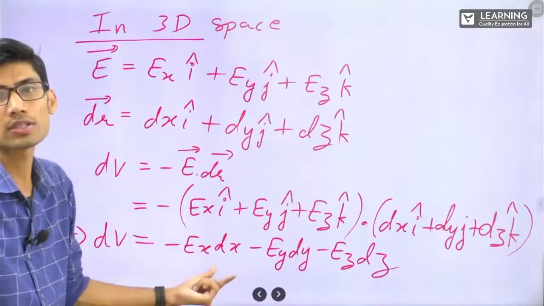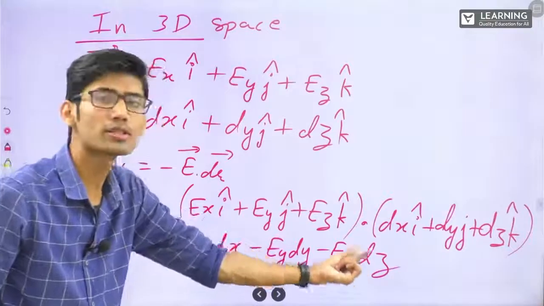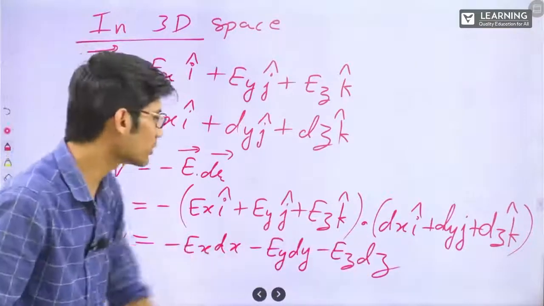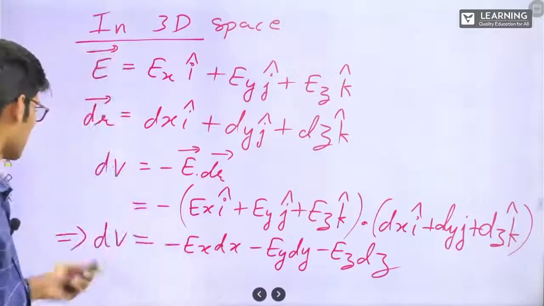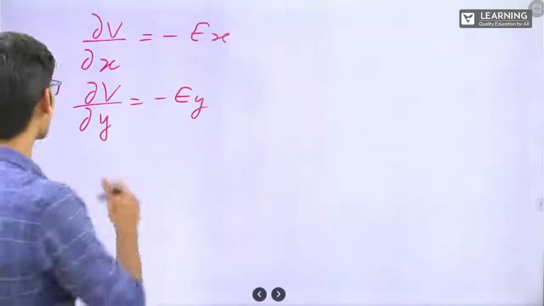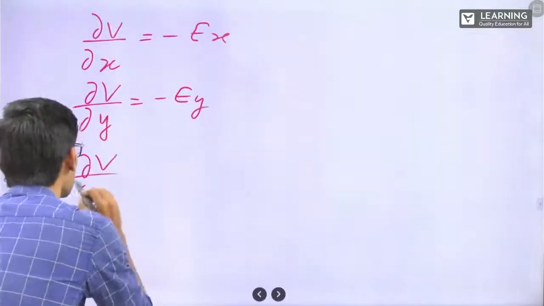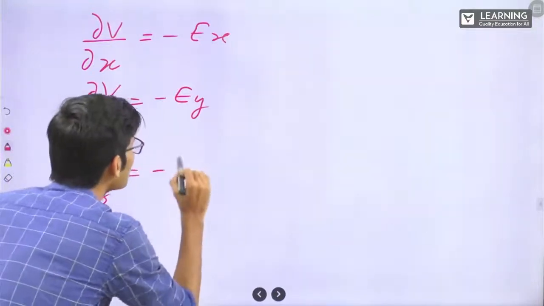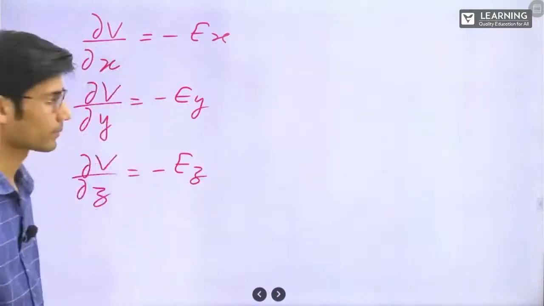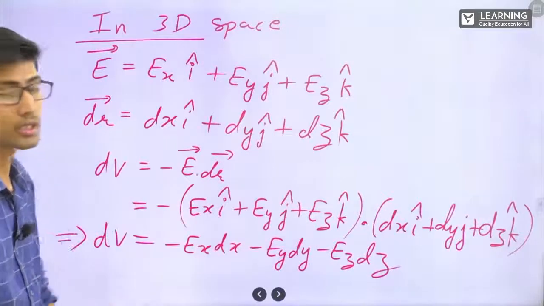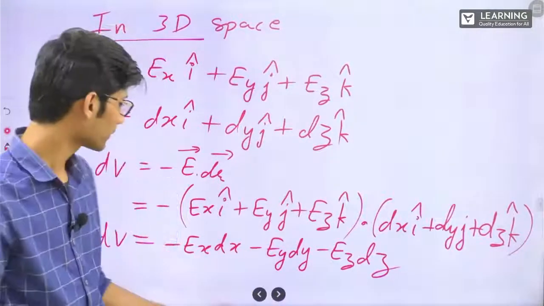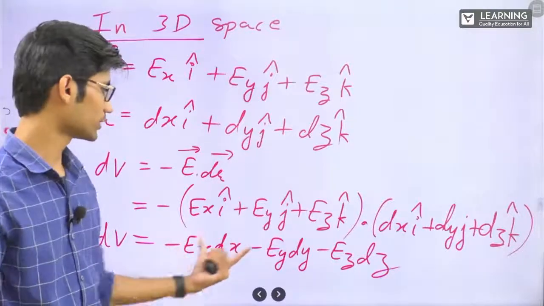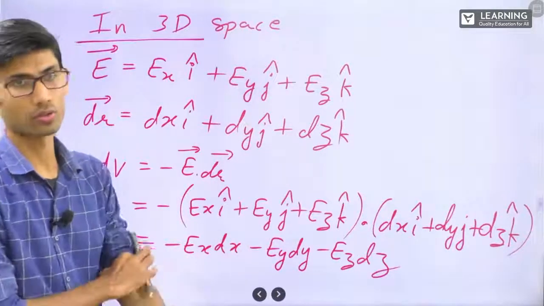If x is constant, dx is 0. If z is constant, dz is 0. If I am differentiating with respect to z, dou V by dou z is equal to minus Ez. Why? x and y are constant now, so dx will be 0, dy will be 0. Clear? Those terms became constant, so they will be 0.